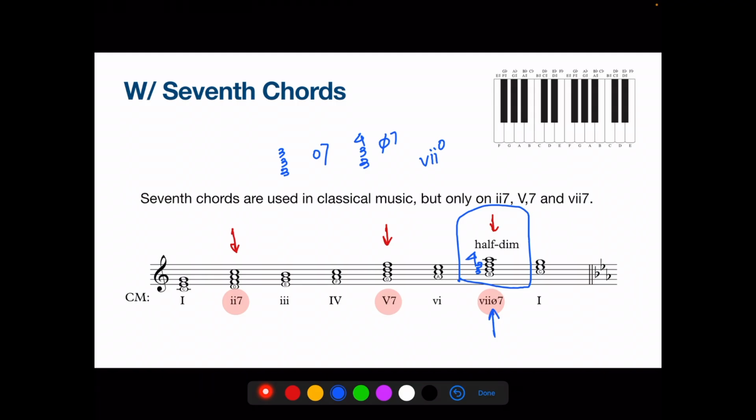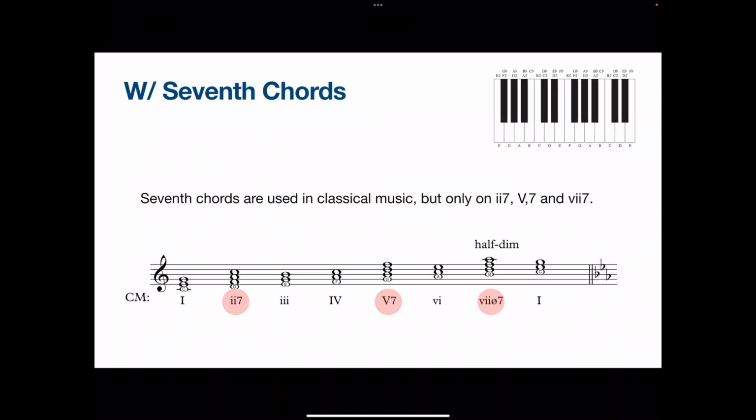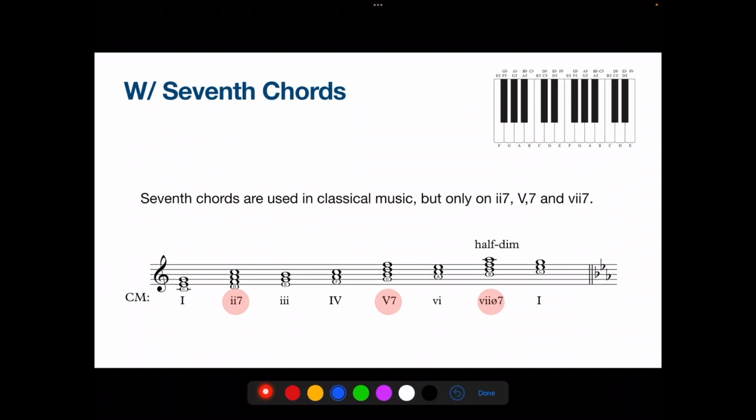If you accidentally write a diminished 7, then that would be a slight problem. So please try to remember this and memorize this, because you will be writing this over and over again in the exercises that follow.